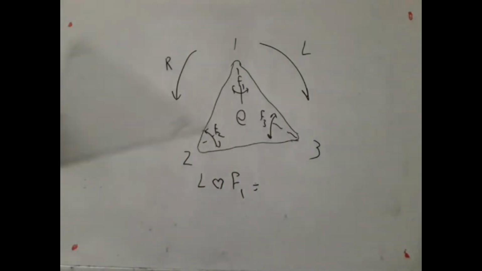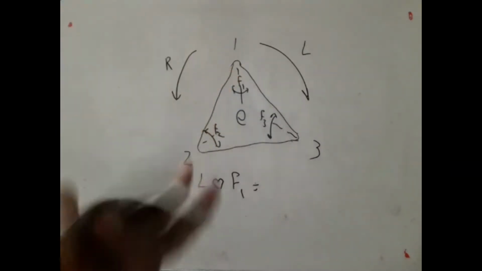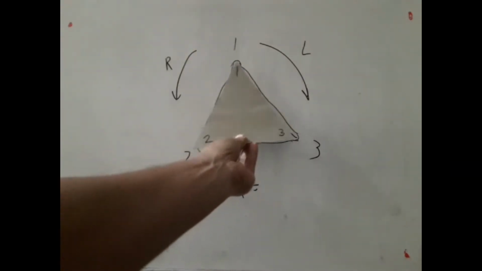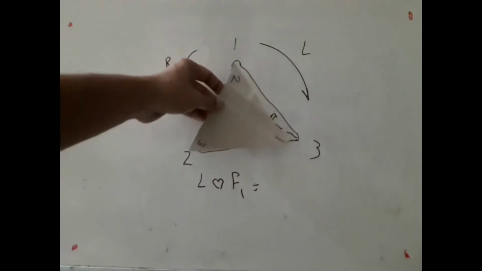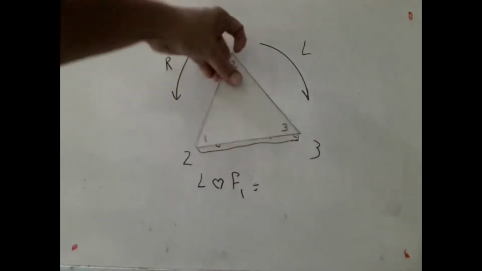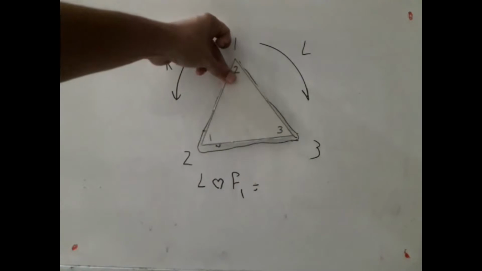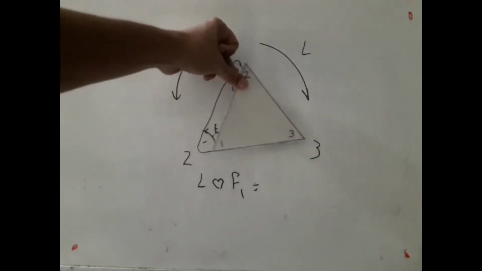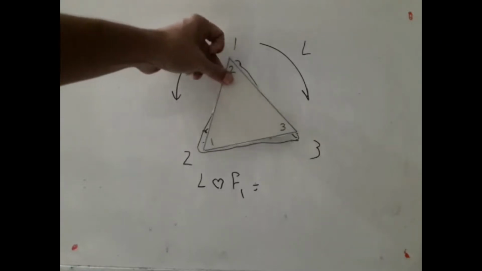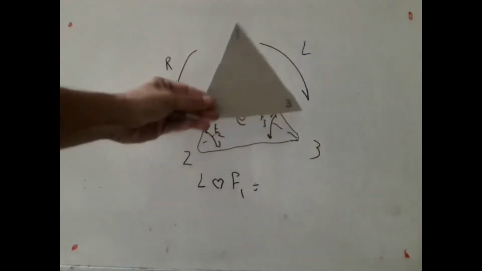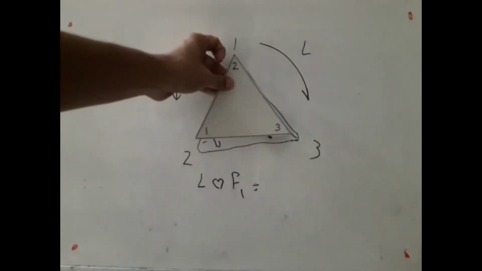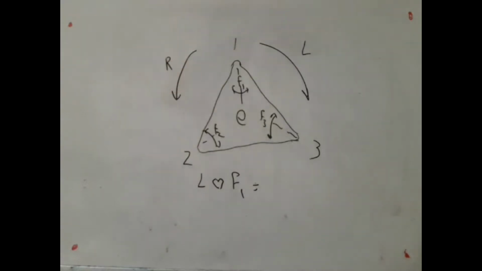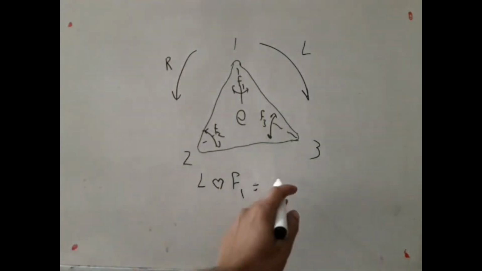I start like this, I first apply L, follow it with F1, I am left with this, so it is 2, 3, 1 and it is flipped, and here I can see that 3 is at the right place, so it will be F3. Had I done just this, I would have also arrived at the same position, so it will be F3.